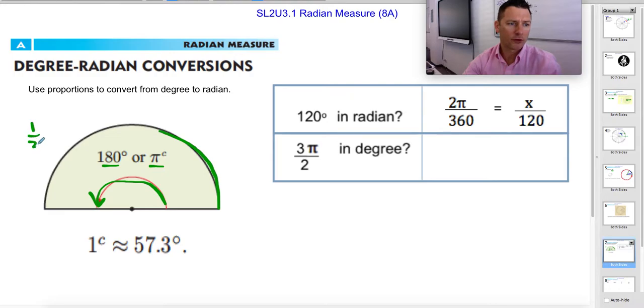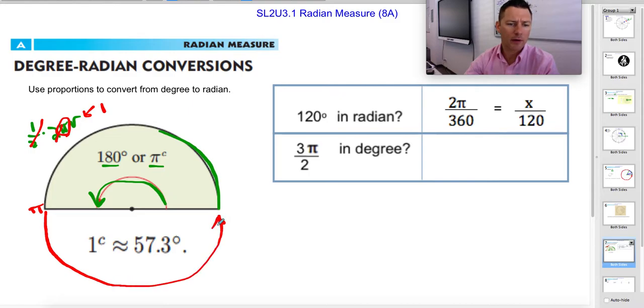It's half of 2 pi r. And since the 2 and the half cancel and r on a unit circle is 1, that's why it's a unit circle, you just have pi as halfway around, right? And if you go the full distance around, that's 2 pi.